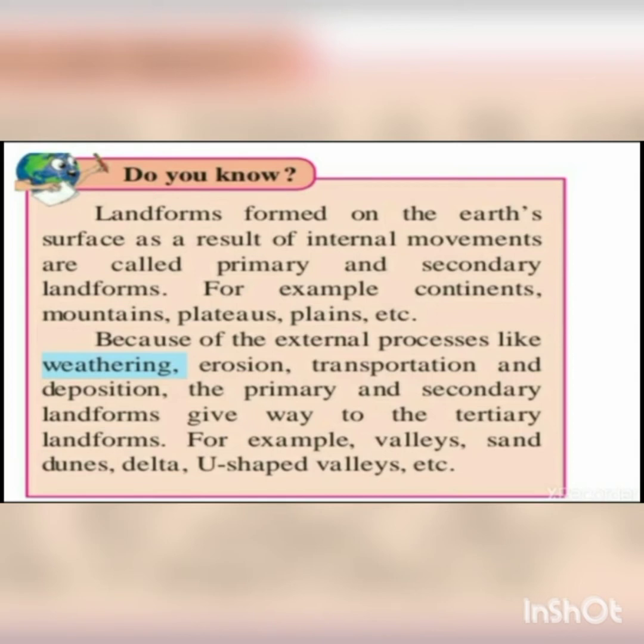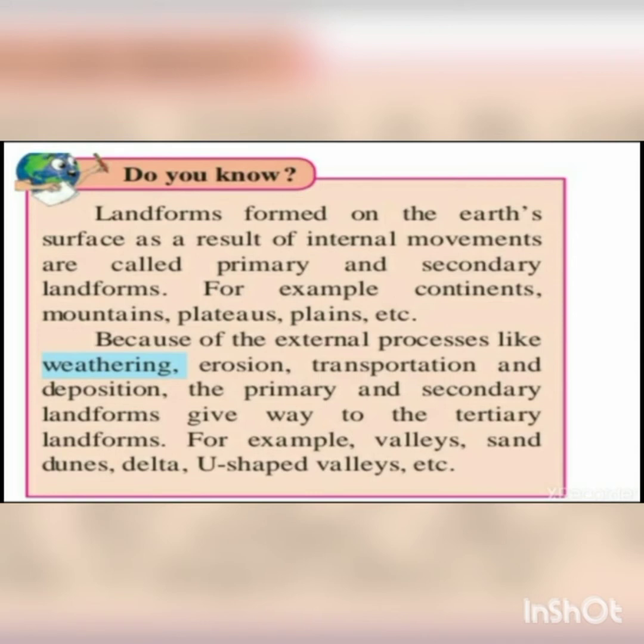Now these mountains and plateaus will undergo changes because of rainfall and temperatures. When these landforms are eroded, they are called tertiary landforms. Because of external processes like weathering, erosion, transportation and deposition, the primary and secondary landforms give way to the tertiary landforms.